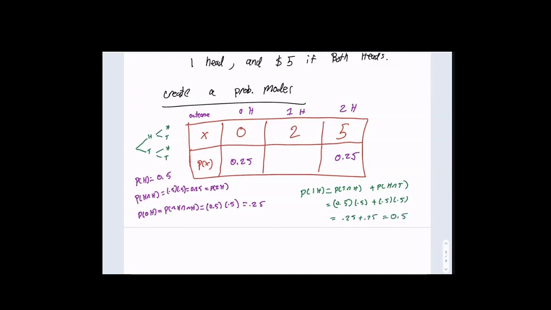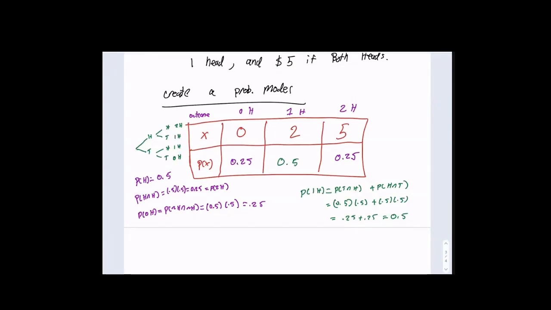Now, here's why I bring that up. That is much more difficult when there's more than one way, and in our next chapter, we're going to find out how to do this problem in a slightly different way. But calculating no heads is rather easy. Calculating two heads is rather easy. So this is two heads, one heads, and zero heads. Since no heads and two heads add up to 0.5, the last one has to be 0.5.